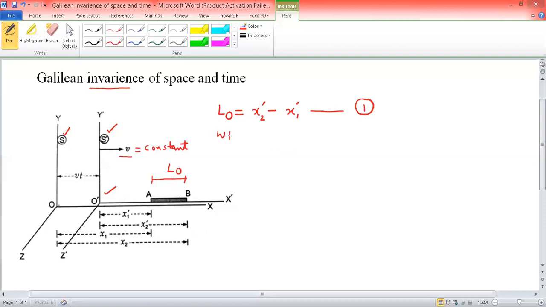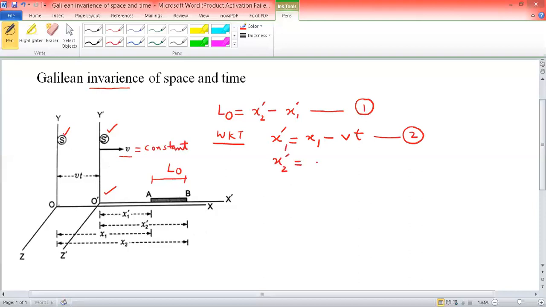As we know from our previous lectures, the equations of Galilean transformations are these. This is the first equation, and this is the second equation.